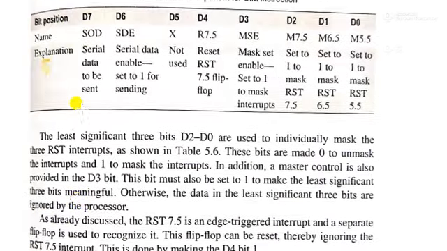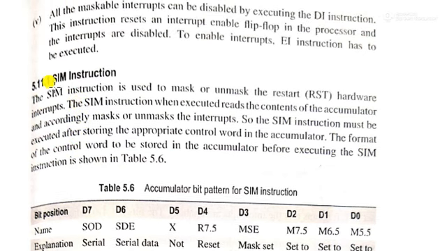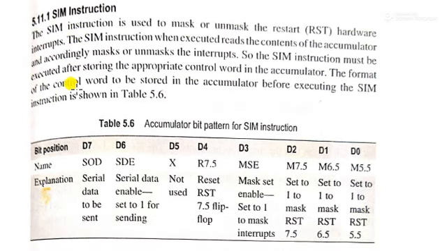First of all, we come to Set Interrupt Mask. This is an 8-bit instruction, so it has an 8-bit register frame format, D0 to D7. The D0, D1 and D2 bits are used for M5.5, M6.5 and M7.5, that means mask 5.5, 6.5, 7.5.